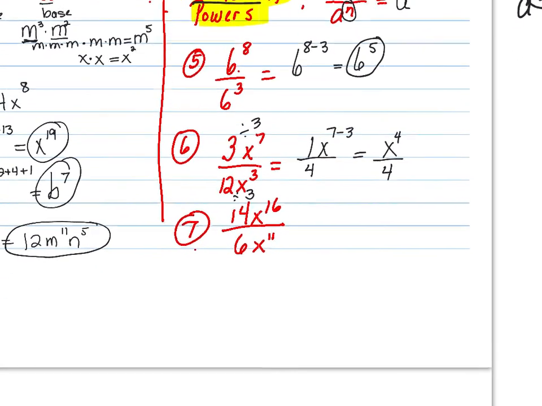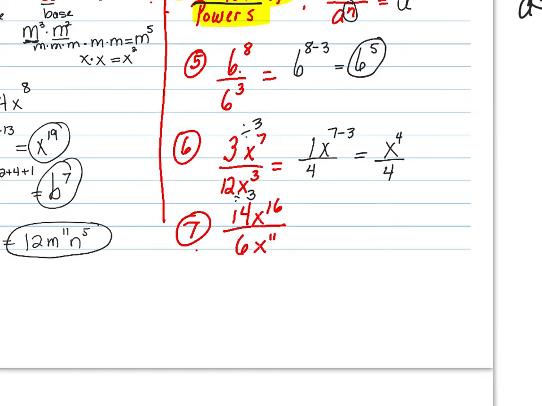You guys try number 7. What is the greatest common factor between 14 and 6? Jared? So we're going to take a 2 out of each of these. What do I have left in the numerator? 14 divided by 2 is? 6 divided by 2 is?